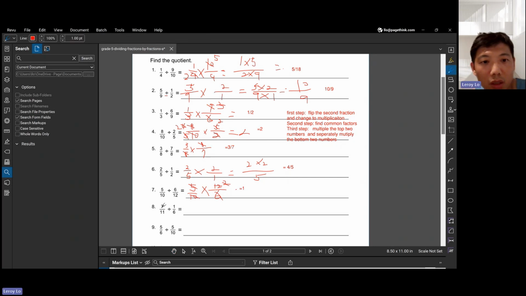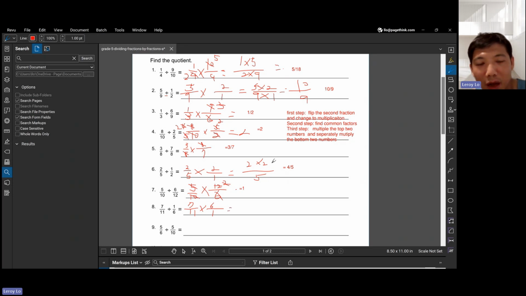Okay, next one: 7/11 divided by 1/6. So 7 over 11, the same numbers, and we change division to multiplication from step one, and then flip the numbers, 6 to the top and 1 to the bottom.